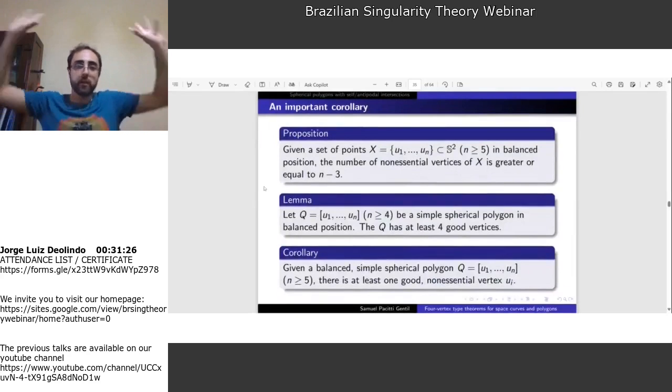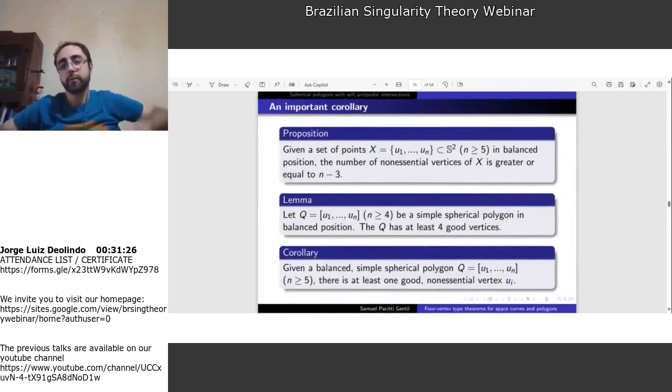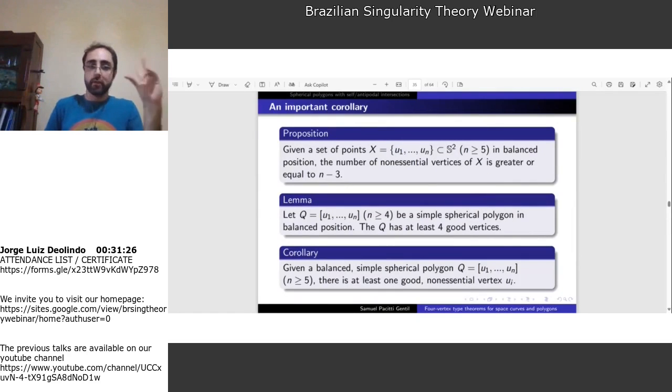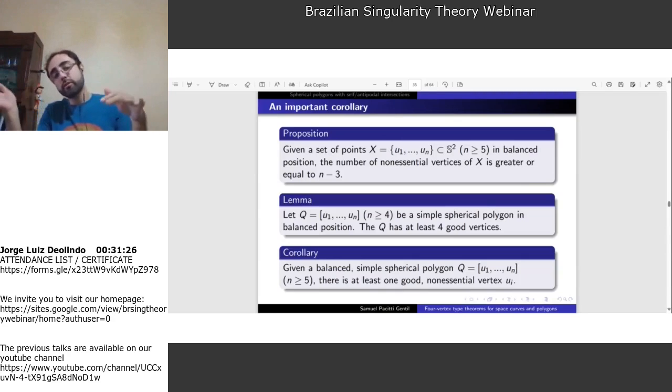An important corollary of all this theory that we built up so far is the following. Given a set of points in balanced position, we already saw that the number of non-essential vertices is greater or equal to n minus 3. And the previous lemma stated that a simple spherical polygon in balanced position must have at least 4 good vertices.